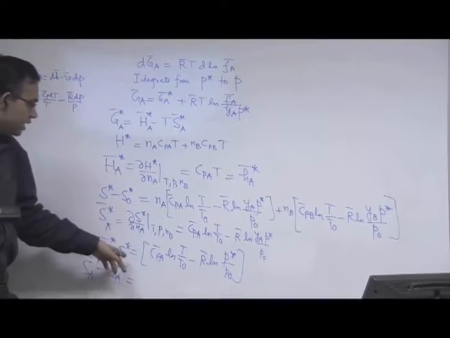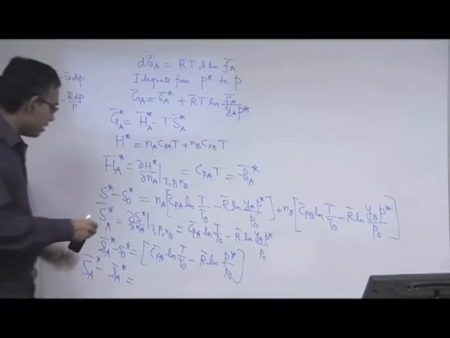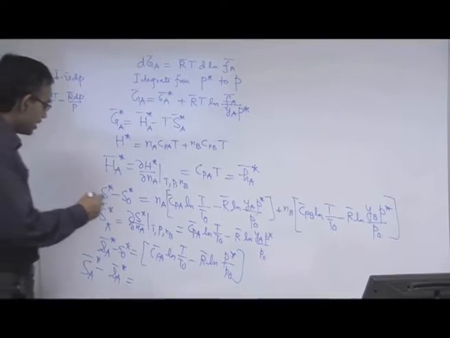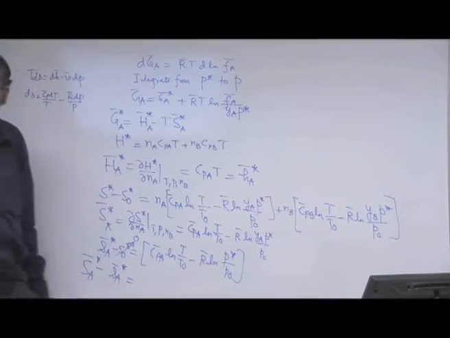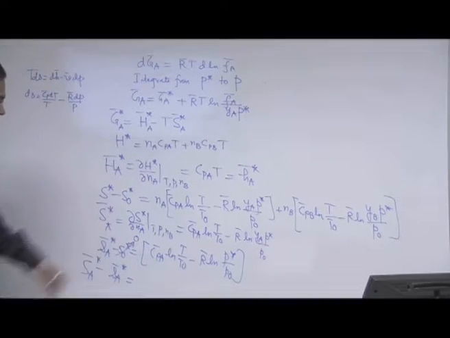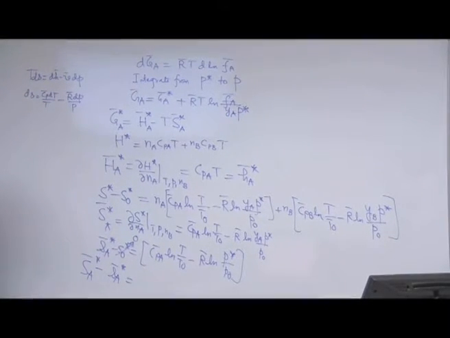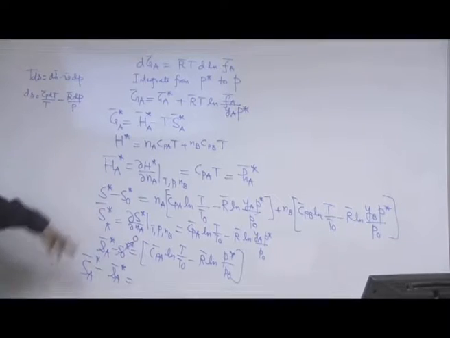So the change in entropy, the reference states being the same, you can choose this reference state in such a way that this is 0 at absolute 0. So that reference state is gone. Otherwise you can consider some arbitrary reference state, but when you subtract these two, basically the reference state effects are gone.